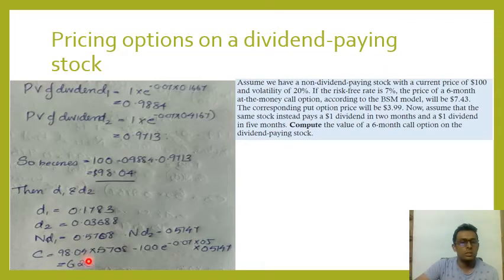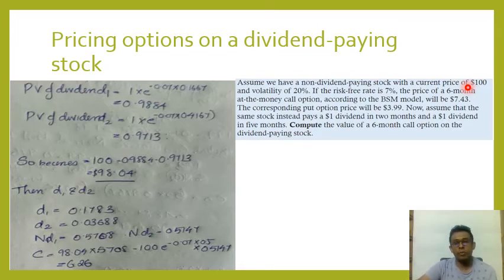Substituting these values, we get the value of the call as 6.26, which is much lesser than the 7.43 calculated using our non-dividend paying stock model. So this is how we calculate the value of an option given a non-dividend paying stock and dividends.